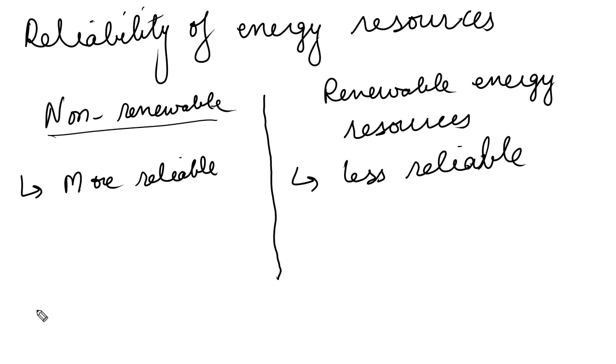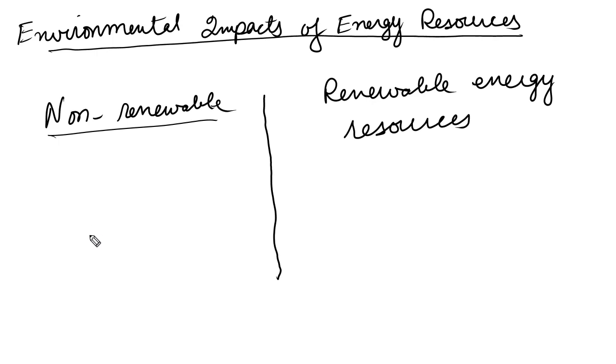Now the next thing that we will discuss is the environmental impacts of the renewable and non-renewable resources of energy. First of all, we will discuss the environmental impact of the non-renewable energy resources.